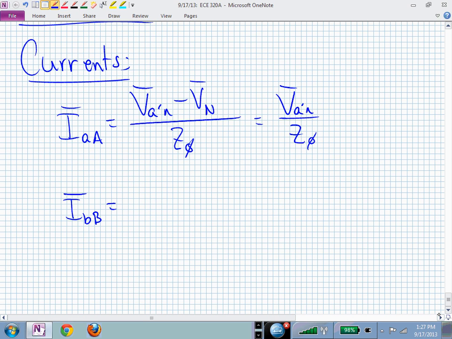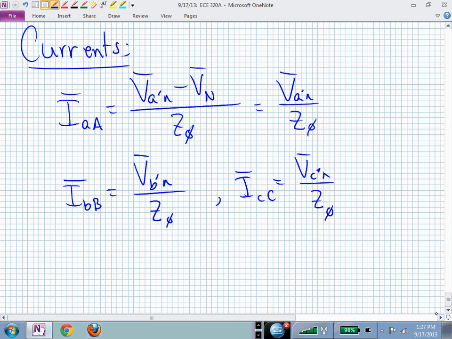Likewise, we can use the B prime voltage to find I sub BB. And the C phase.